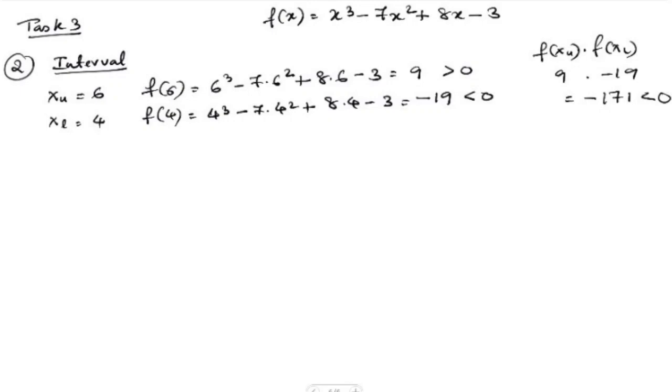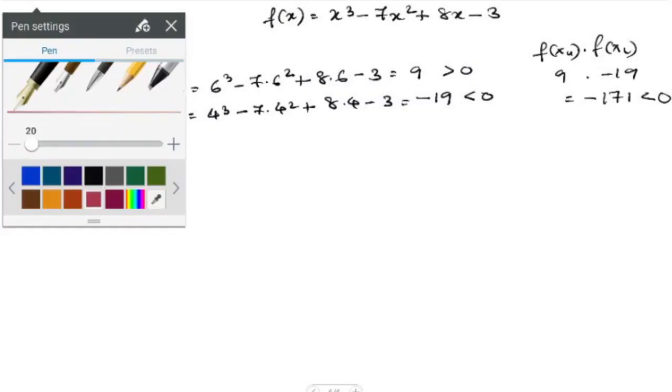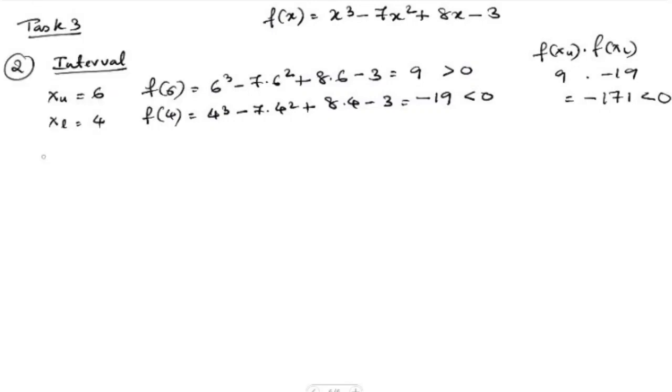So our first interval is interval 1, which will be 4, 6. So between 4 and 6 there is a zero of this function. It could be very different from all of you.